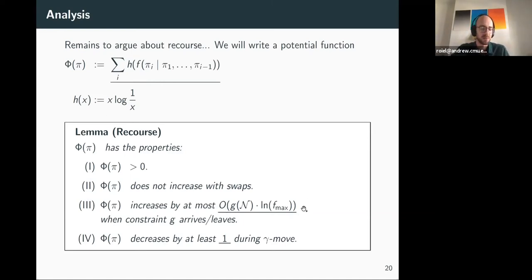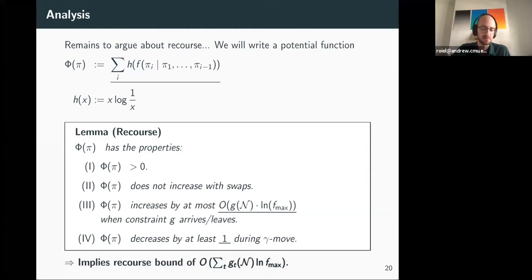The specific number we get is this one, for the increase per time step. And then with every move, every time we pay recourse, we spend at least one amount of energy. And this will give us the following bound. We just divide this number by this number and sum over time. And this is our total recourse bound. If we want the average recourse bound, we would just divide this by t.